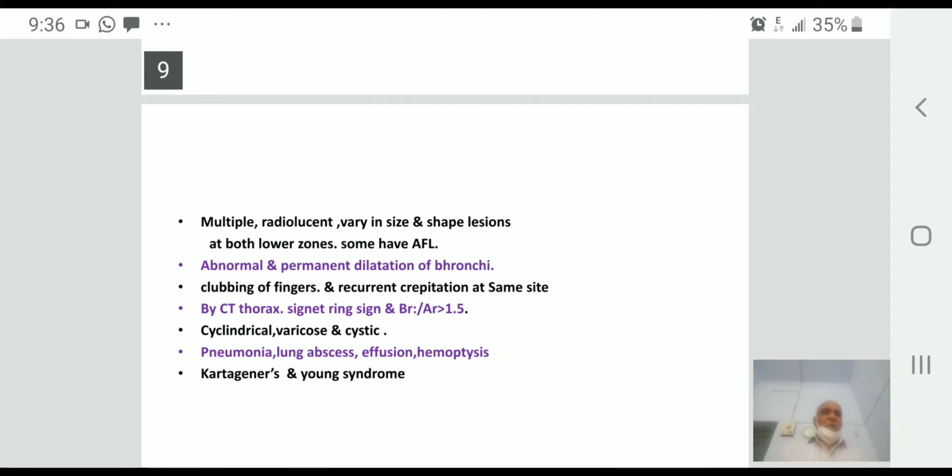Now CT is more sensitive than bronchography. In the CT thorax, findings of bronchiectasis are the signet ring sign, and second, the ratio of the bronchus to the adjacent artery is greater than 1.5.